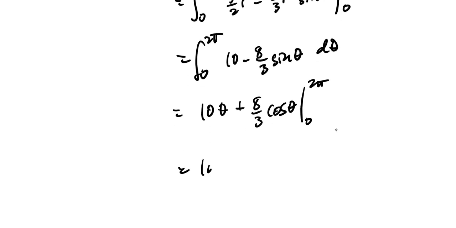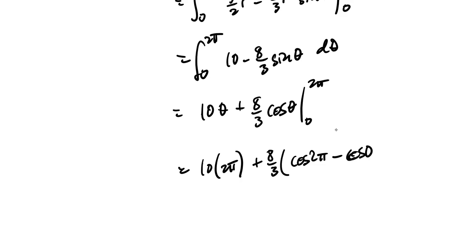All right, so that's 10 times 2 pi plus 8 over 3. That 0 will take care of this. Will be cosine of 2 pi minus cosine of 0. This ends up being 0, and so this is 20 pi.